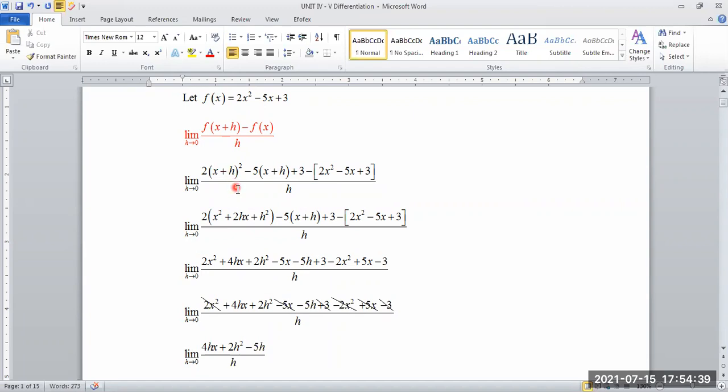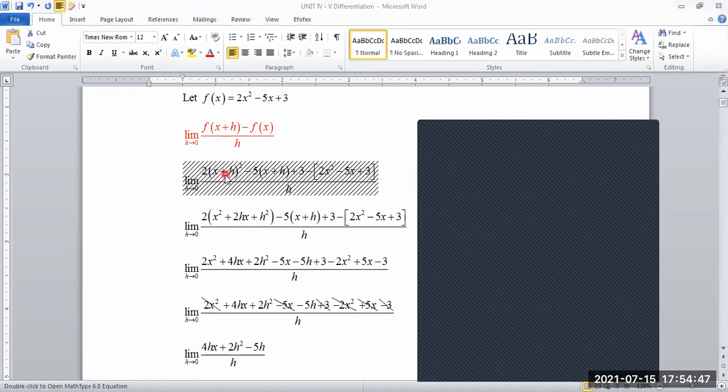So this x plus h squared is really x plus h times x plus h. Sir, no matter how you put it, it doesn't matter if you put x first or h first.